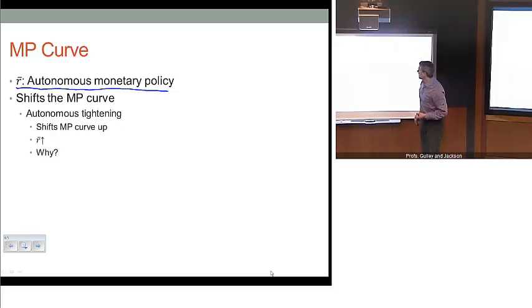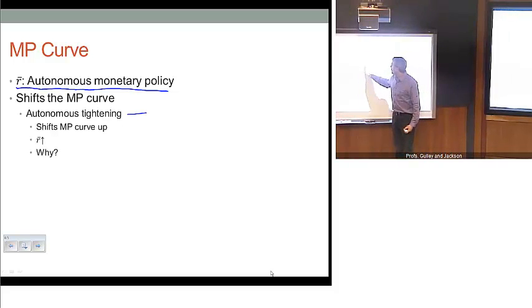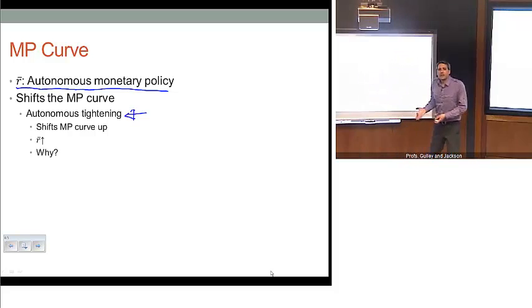And so as an example, if we wanted to conduct a so-called autonomous tightening of monetary policy, that's going to be an increase in that R bar parameter. So even if inflation is holding steady right now, policymakers might decide that they want to increase this autonomous policy parameter and create this tightening effect. Why is that? Well, there's a couple reasons why.